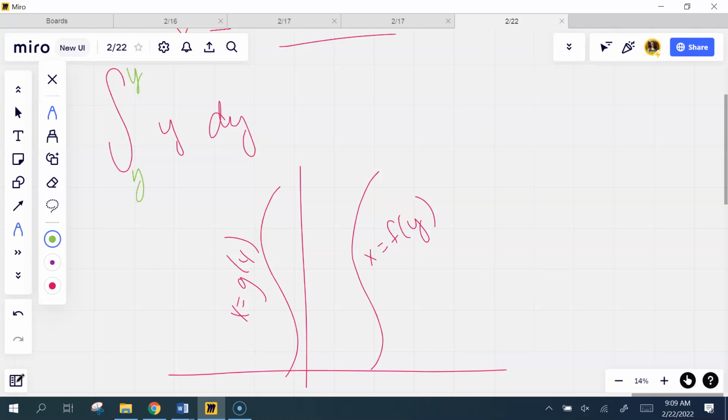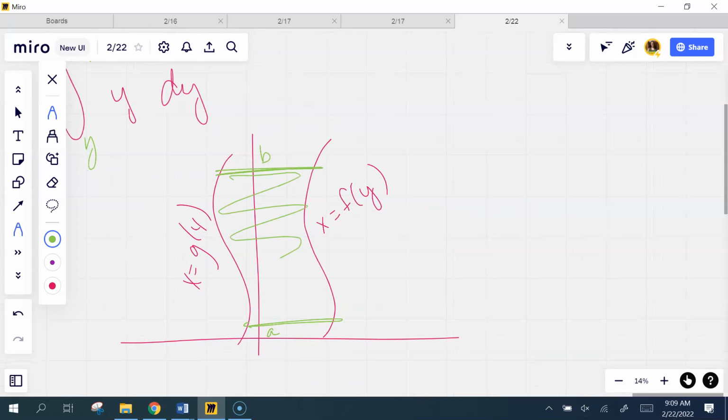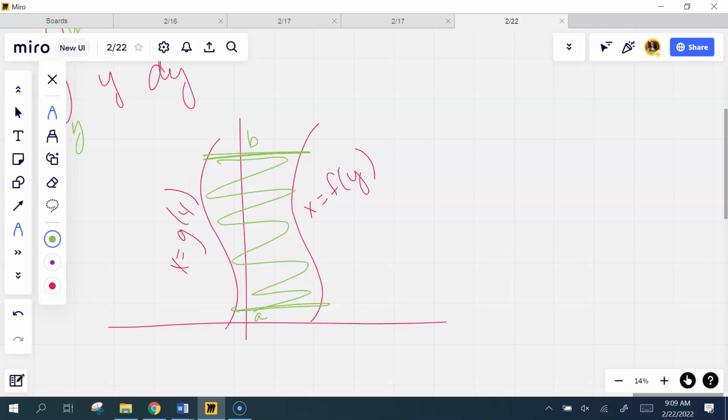They're not x values anymore. So let's say I want to go from, I'll use A, B. I want to know what this area is. This time my functions look a little bit different, but I'm going to go from A to B, lowest to highest.